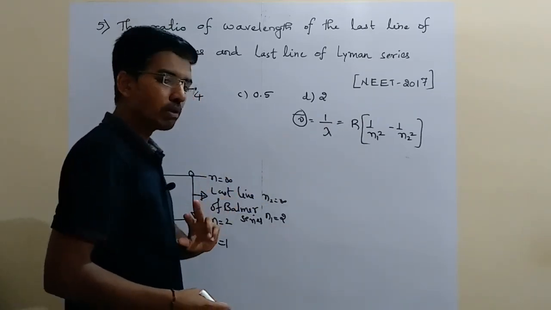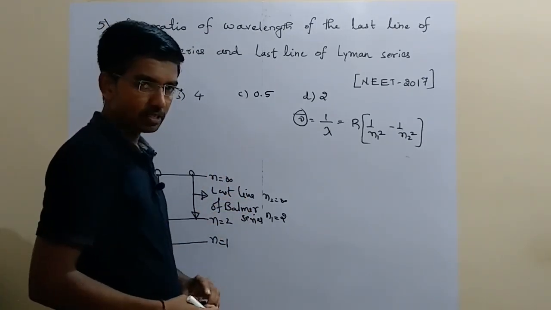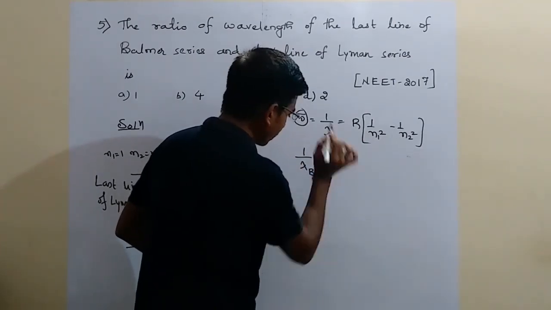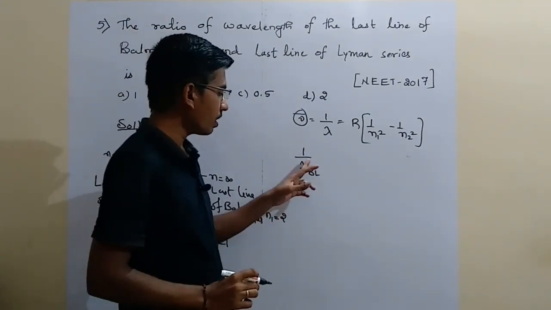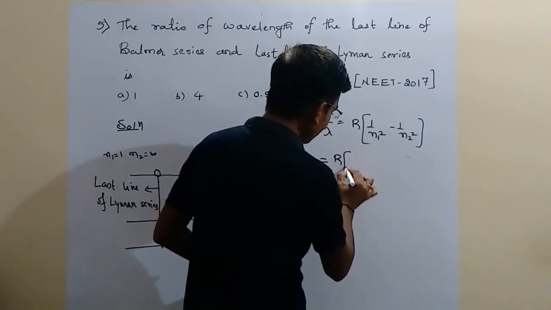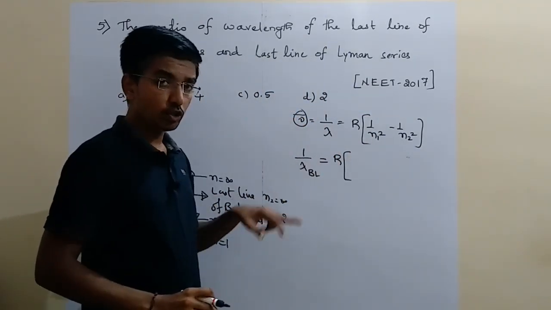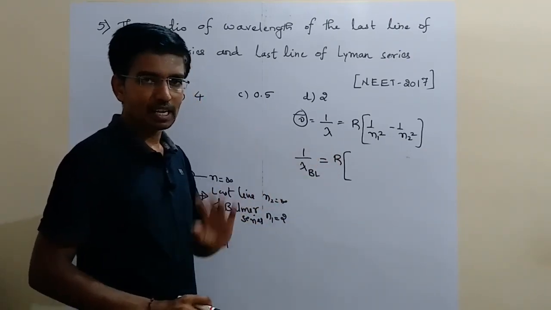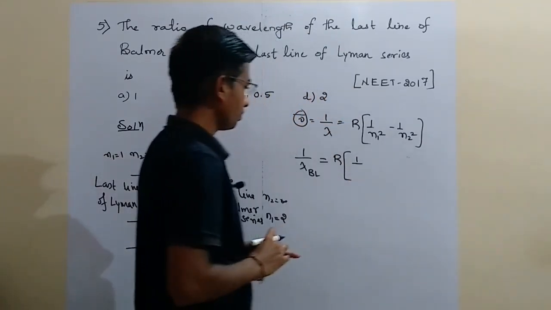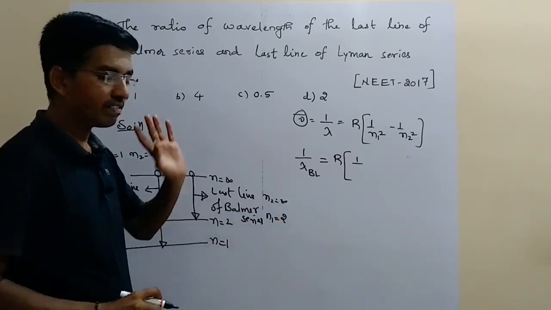By using this formula, let us find the value of wavelength of last line of Balmer series. First, 1 upon lambda BL, where lambda BL means wavelength of last line of Balmer series, is equal to R into 1 upon n1 square minus 1 upon n2 square. Keep R as it is, because while taking the ratio, this R will cancel. For the last line of Balmer series, n1 is 2 and n2 is infinity.